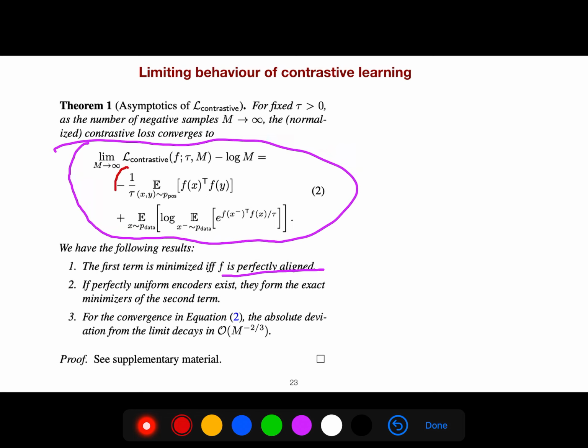And if a perfectly uniform encoder exists, it forms the exact minimizer of the second term. For the convergence in this equation, the absolute deviation from the limit decays in the order of this.